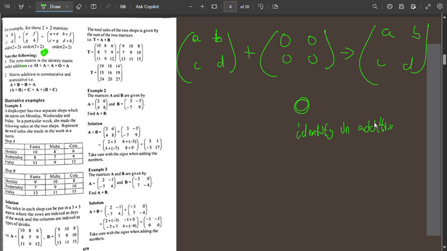Just look at the second one. Matrix addition is commutative and associative. The commutative property can be defined as this.